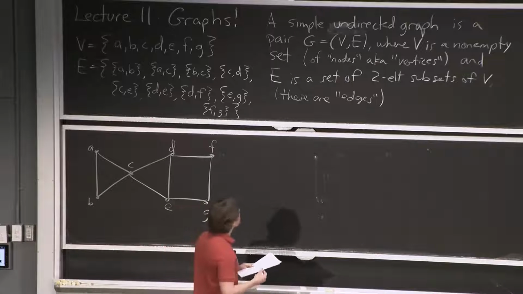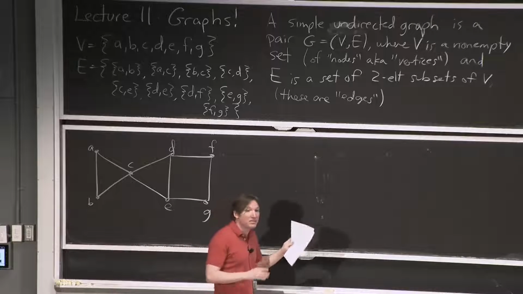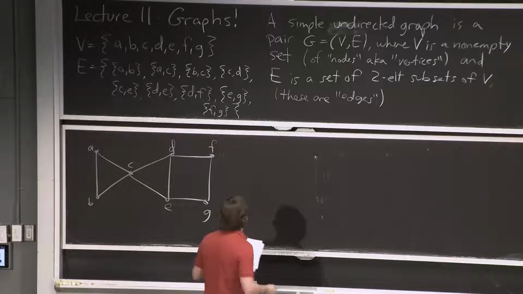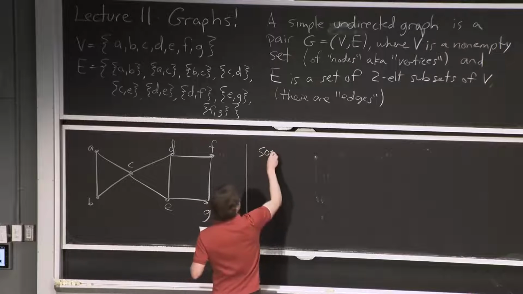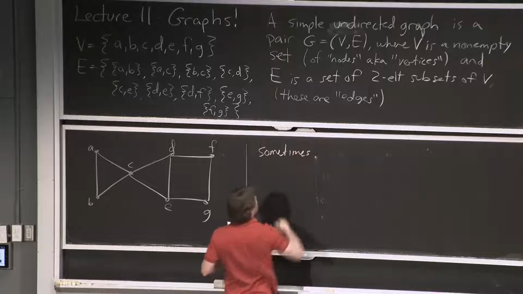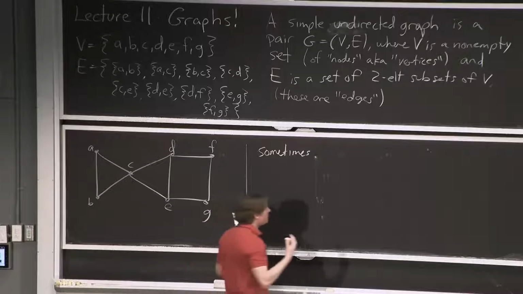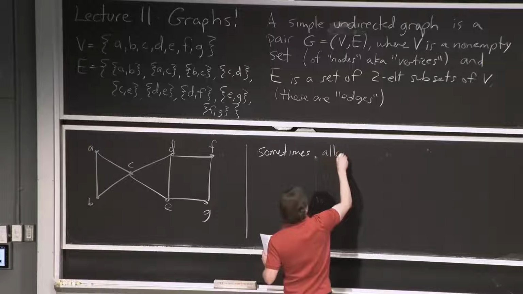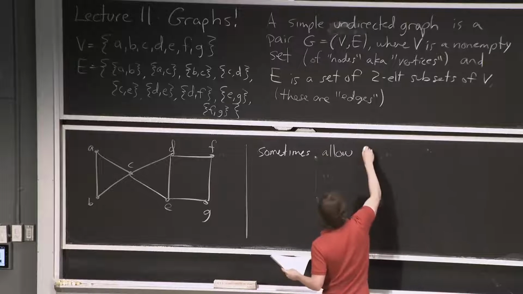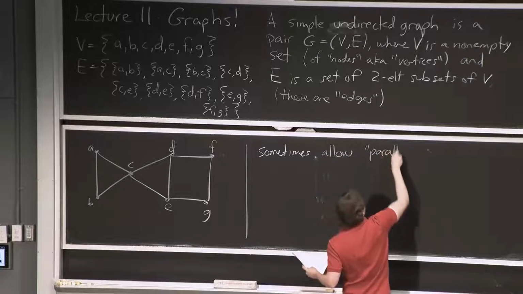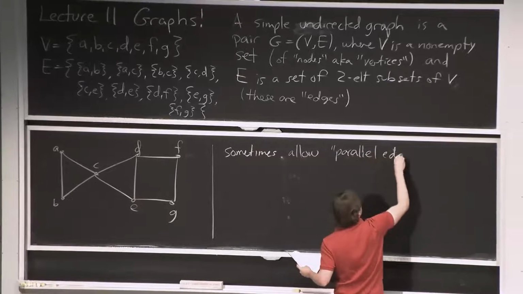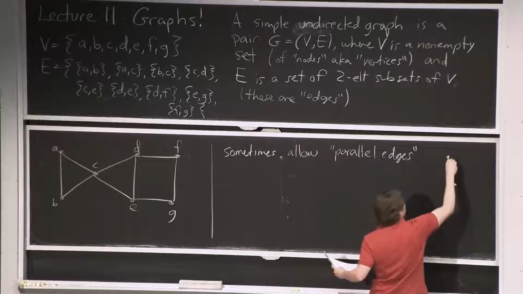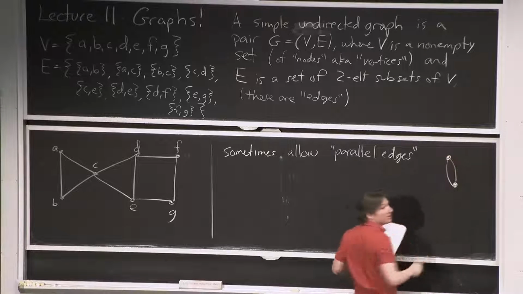I want to mention that there are some subtle differences in the definitions in other sources. Sometimes when people are talking about undirected graphs, some people will allow what are called parallel edges, which is when you have two different edges connecting the same pair of vertices.